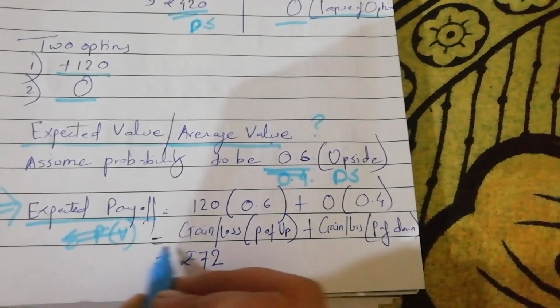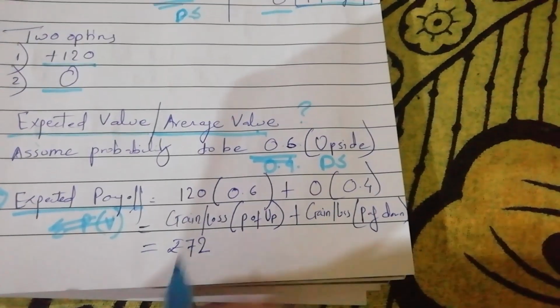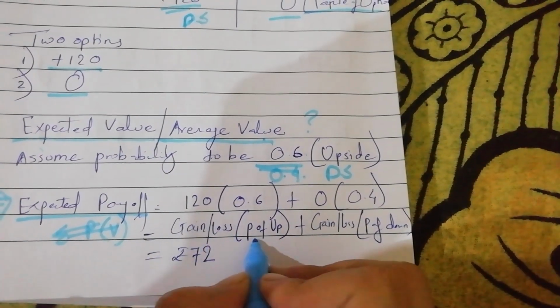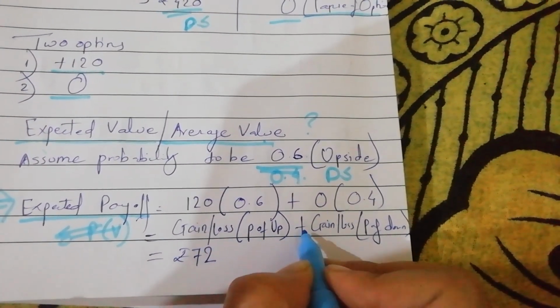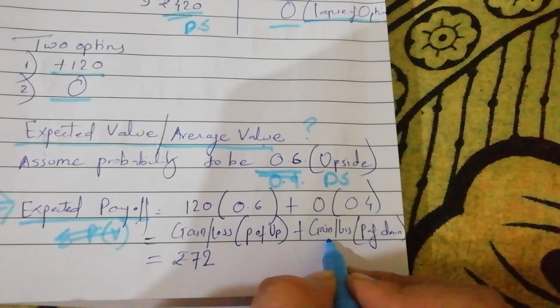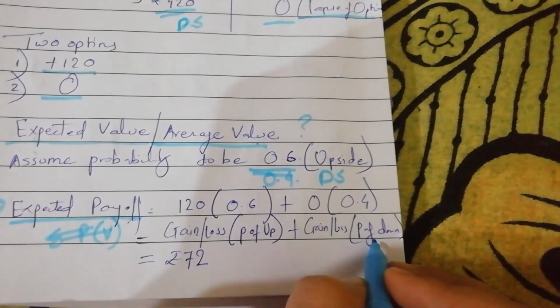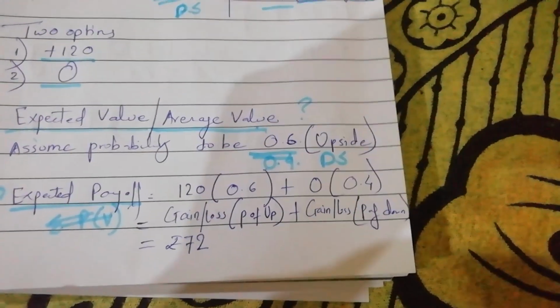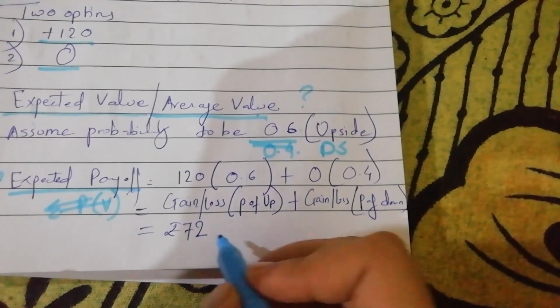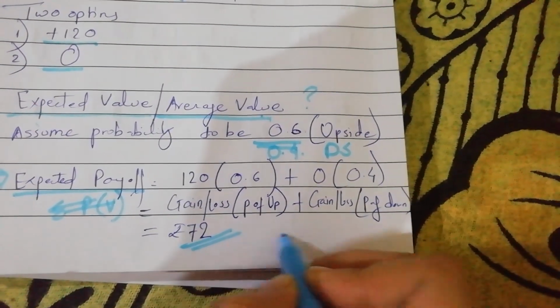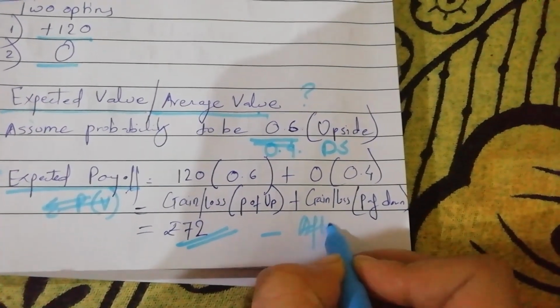So here we have explained it: the upside into the probability of the up plus the downside into the probability of downside. So what we are getting is rupees 72 after 3 months.